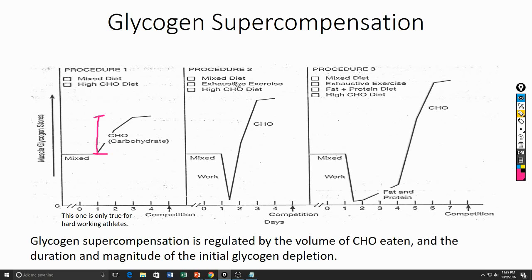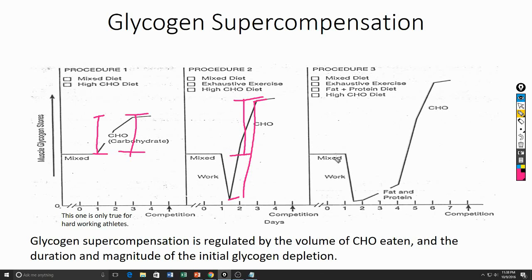Then we have procedure 2. This is more of a classical model where they fed them a normal diet, then worked them to the point of depletion, and afterward fed them a carbohydrate-based diet, and you see a lot more compensation, even more so than in procedure 1.